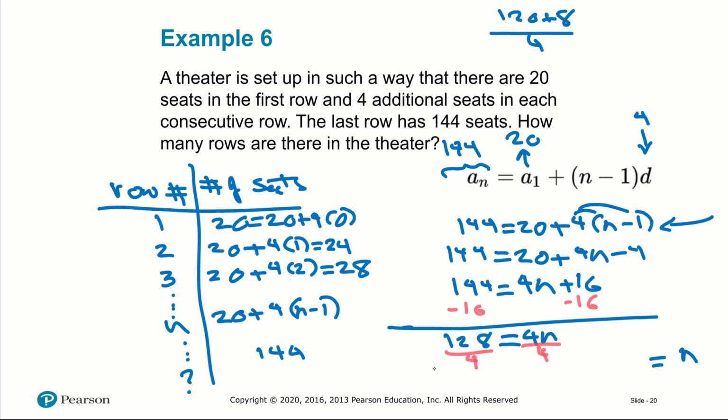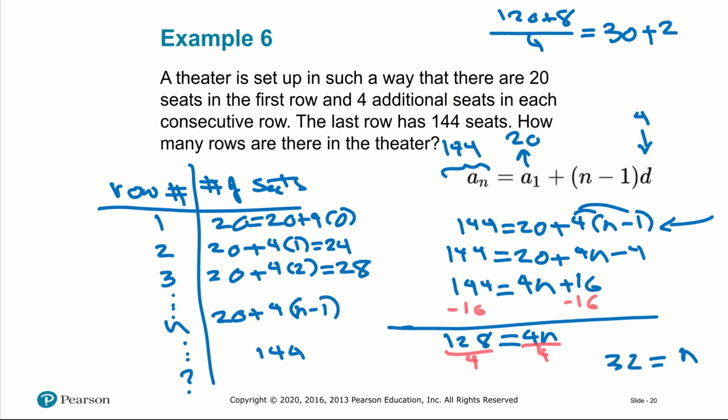I think you can easily handle 120 divided by 4, which is 30. And we can also easily handle 8 divided by 4, which is 2. So we get 32.